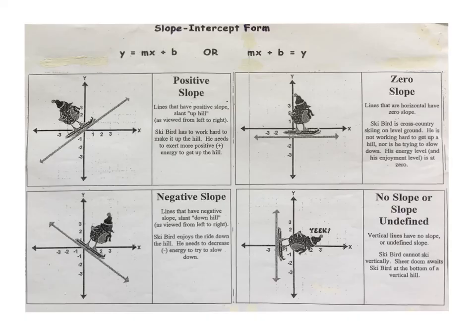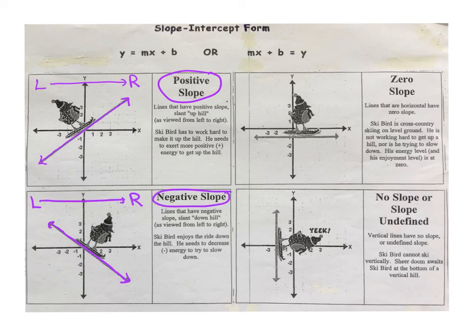If you have a home printer, you can print off this page and take notes. But take a look at the proportional line here where Ski-Bird travels uphill from left to right. This is known as a positive slope. But as Ski-Bird travels downhill, as your eyes move left to right, this is a negative slope.